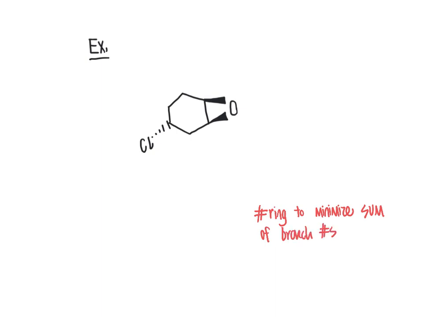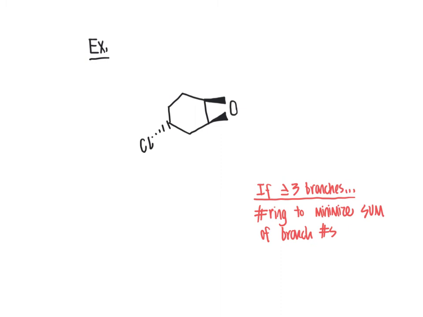And this is true anytime you have greater than or equal to 3 branches. And that epoxide branch will count for us as 2 branches since it's coming off of 2 positions of the ring. And so we want to number the ring to minimize the sum of those branches.